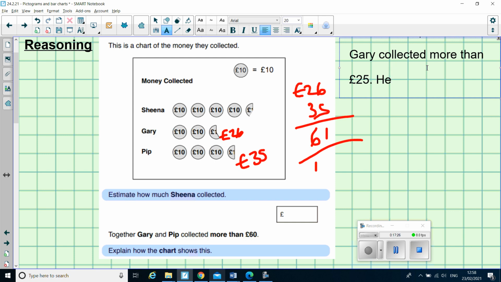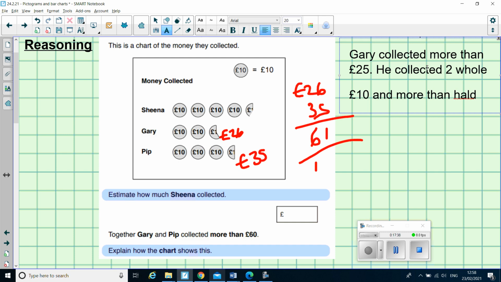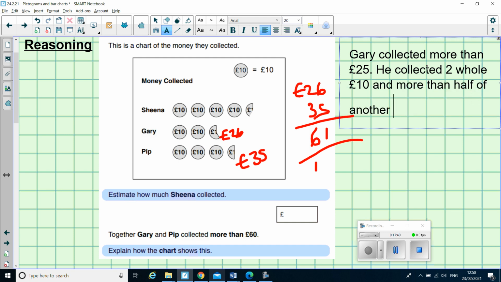He collected 2 whole £10 and more than half of another £10.